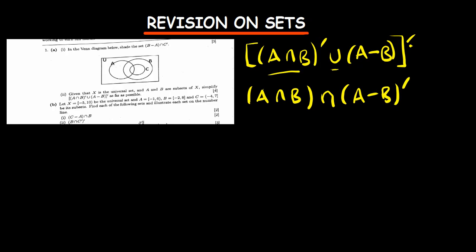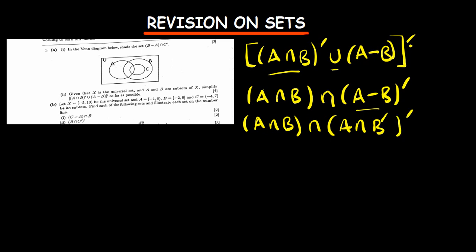So what do I do next from here? I will say A intersect B, then I can write what is inside here as A intersect B complement, then I have a complement there.